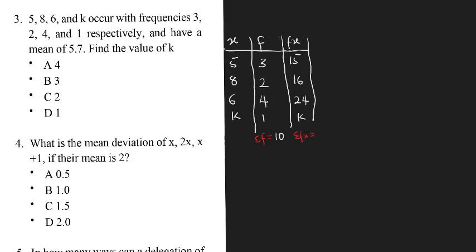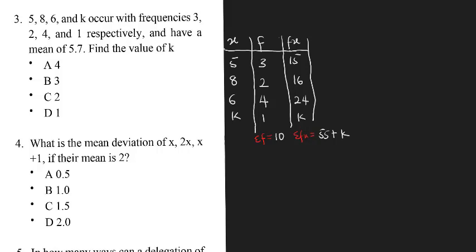If you add everything here, 15 plus 16 is 31, and 31 plus 24 is 55. Then 55 plus k. So we're going to have 55 plus k. Of course, you can't add 55 and k together because they are different. k is an alphabet while 55 is a number.